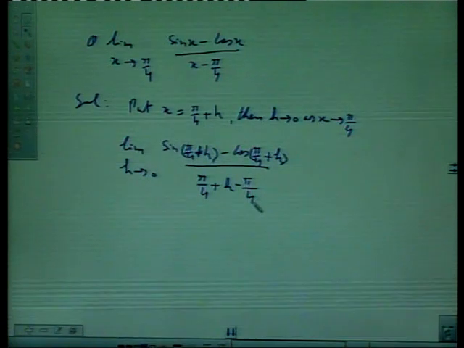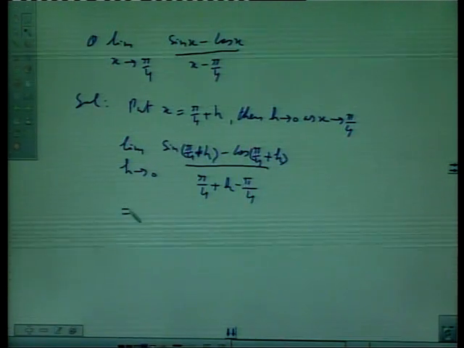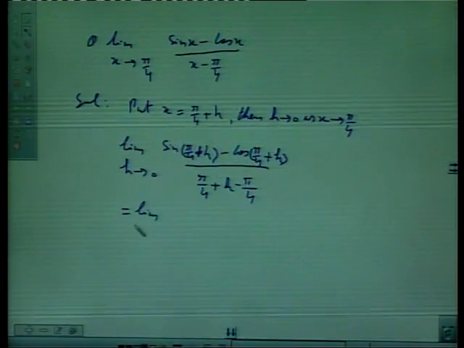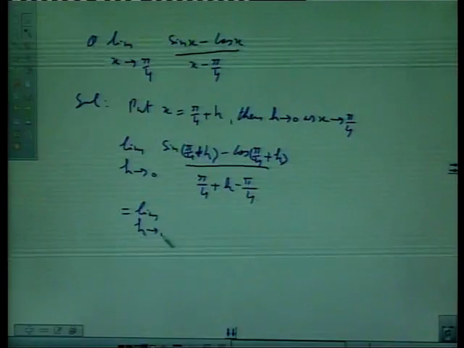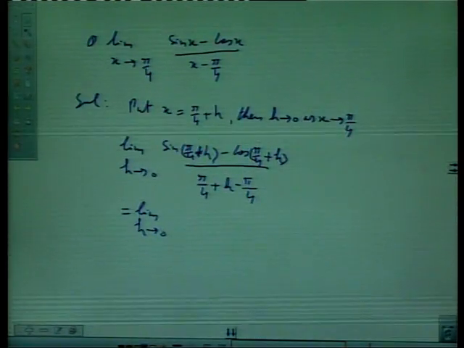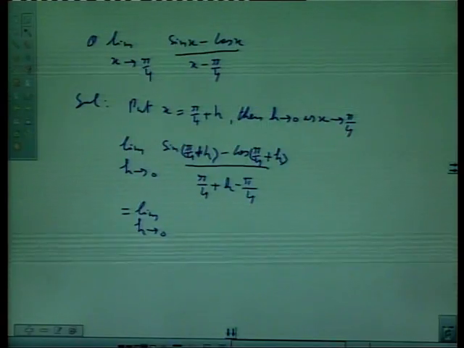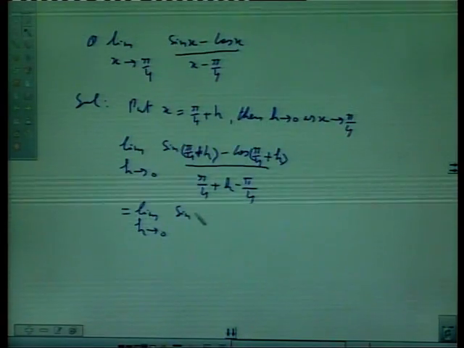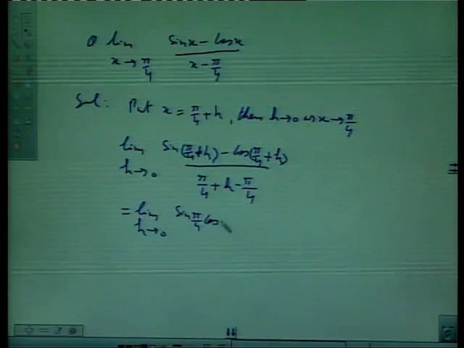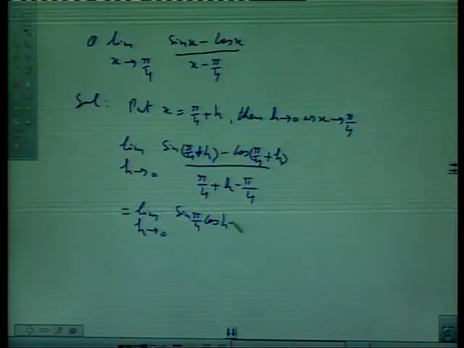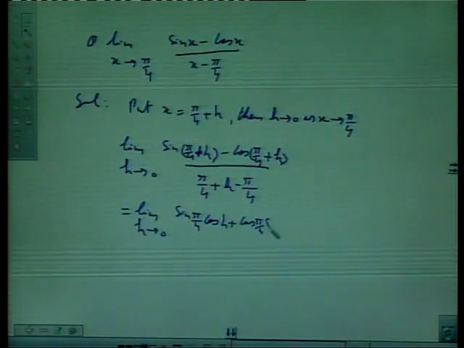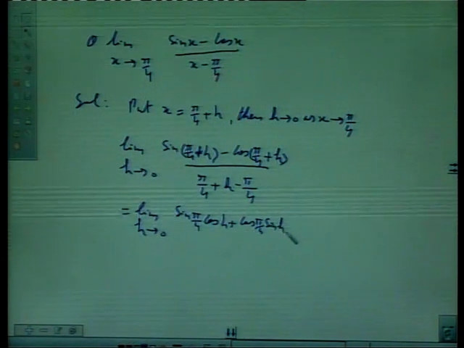Now, the limit will remain the same, h tends to 0. Here we apply the sin a plus b formula: sin a cos b plus cos a sin b.